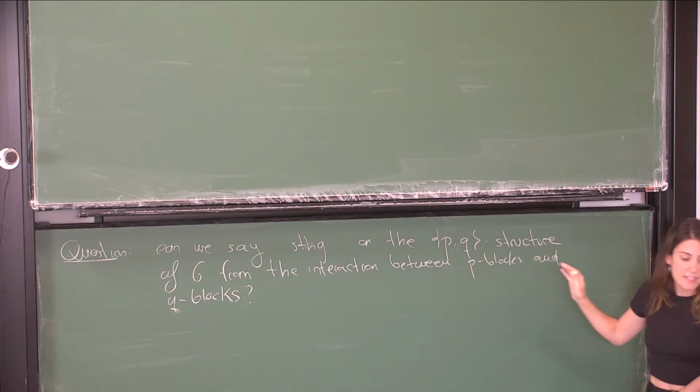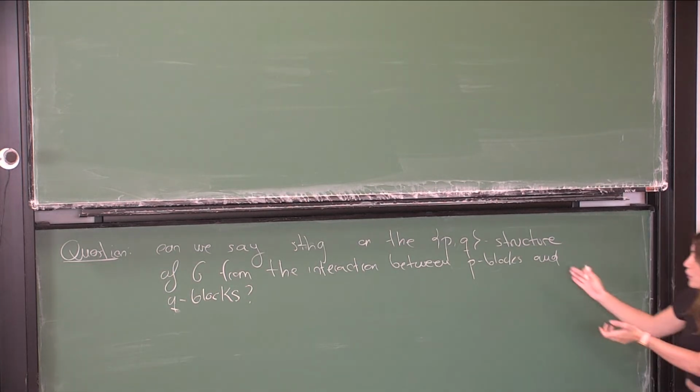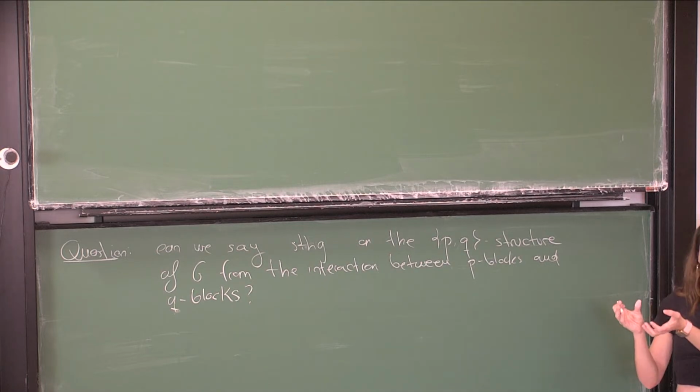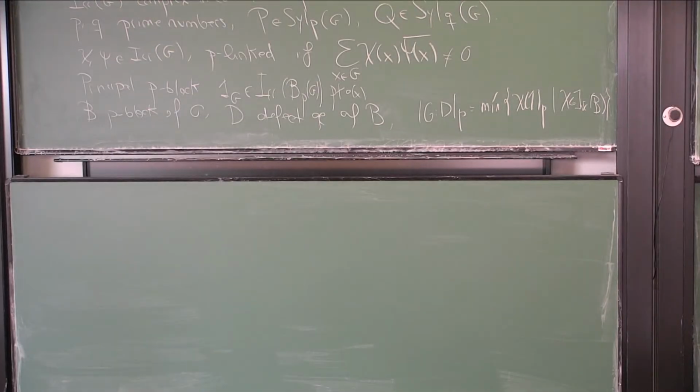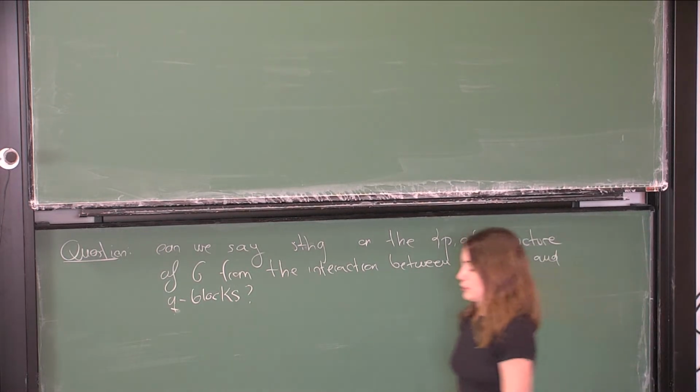What do I mean by this? Mandy also said a classical question was, can we detect from the character table if the Sylow subgroup is abelian? Well, a good question for pq-structure would be, can we put some conditions on the p-blocks and q-blocks in such a way that we always have a Sylow p-subgroup and a Sylow q-subgroup commuting, for example? That would say that we have nilpotent Hall pq-subgroups, for instance. So this kind of question is the one that we want to deal with.